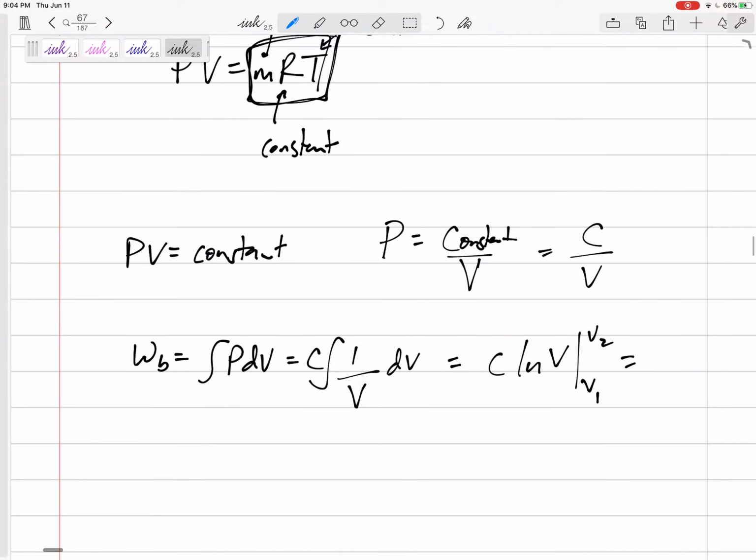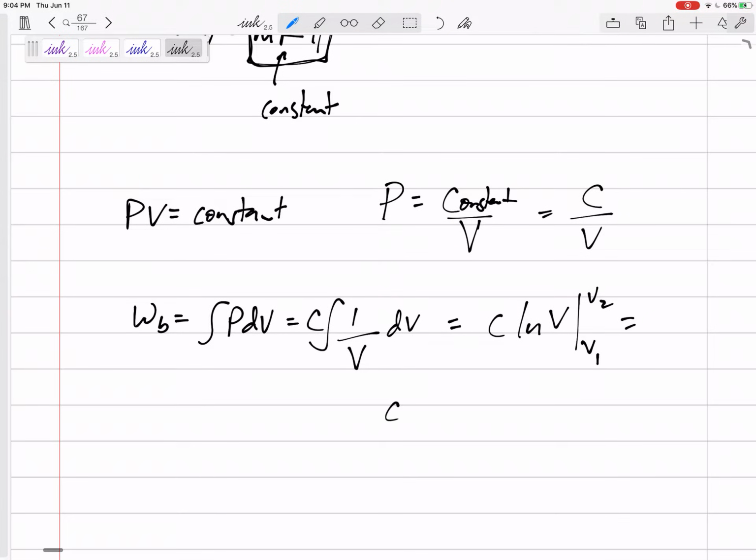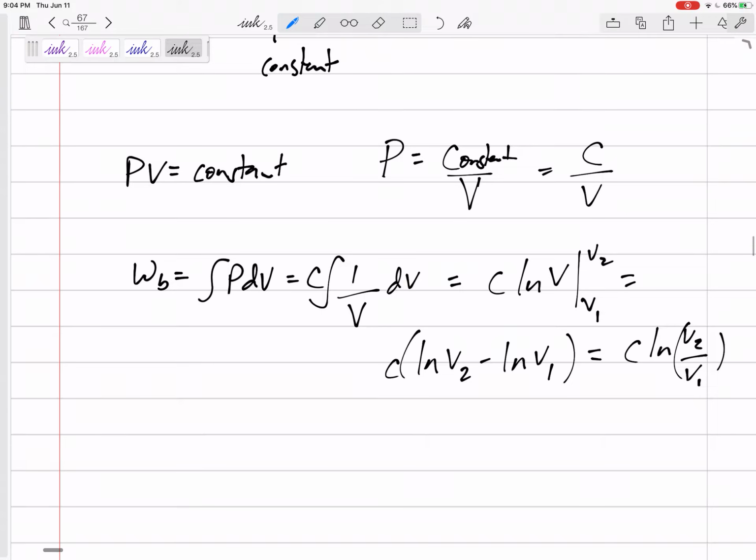So this is the constant times ln of V2 minus ln of V1. You all know how we can combine natural logs of things that are subtracted: it's ln of V2 over V1. So let's circle the wagons here.